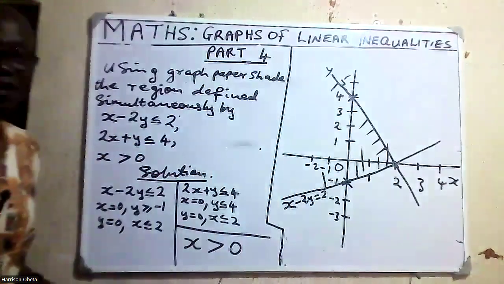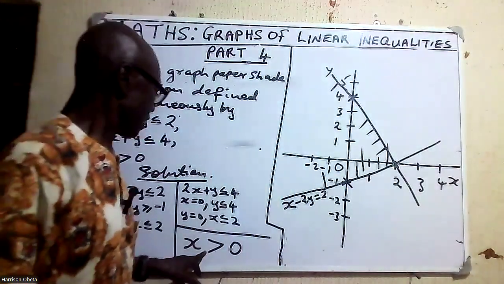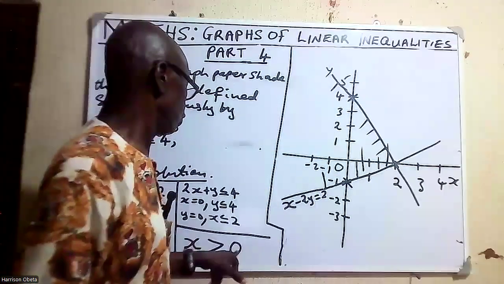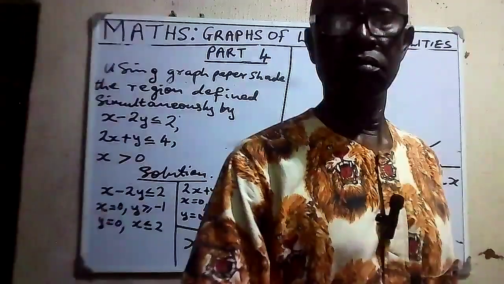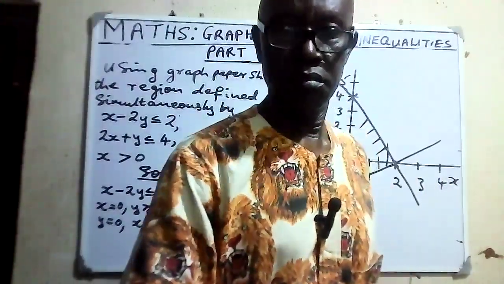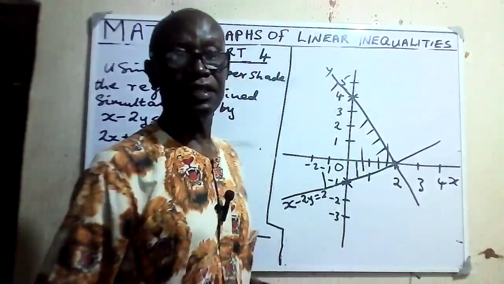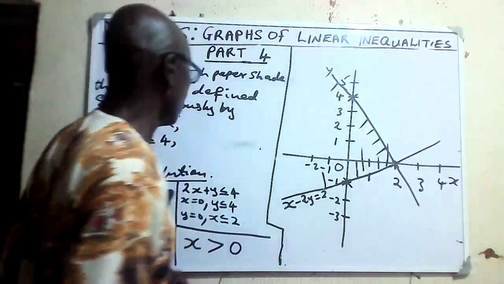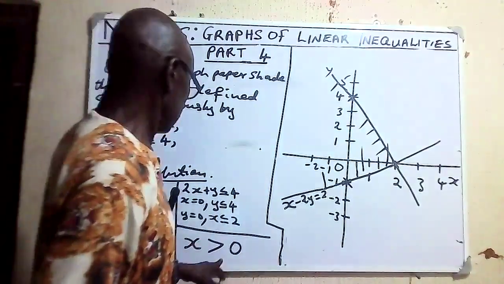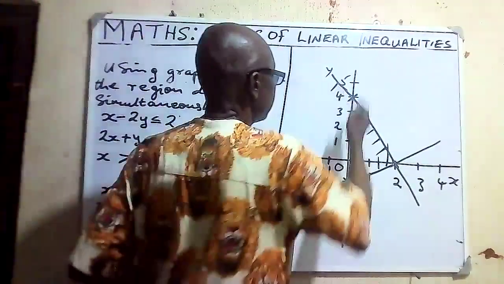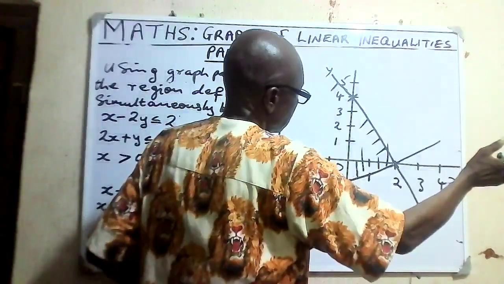Okay? Then finally, we have x is greater than or equal to 0. So x greater than or equal to 0, that is here, from here to your right.